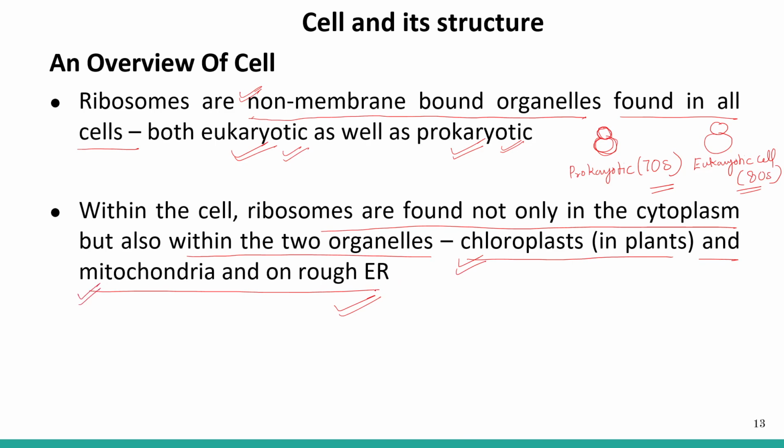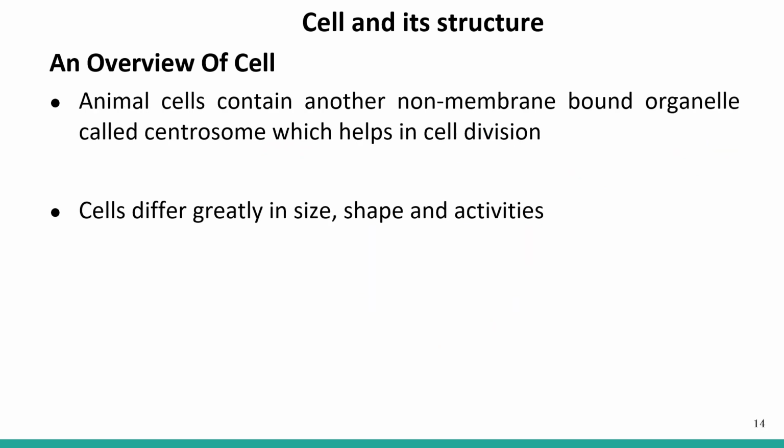Whereas in the case of rough endoplasmic reticulum, ribosomes are just attached to its surface. But they are present inside chloroplast and mitochondria. So we will study all these things in detail when we study the cell organelles.